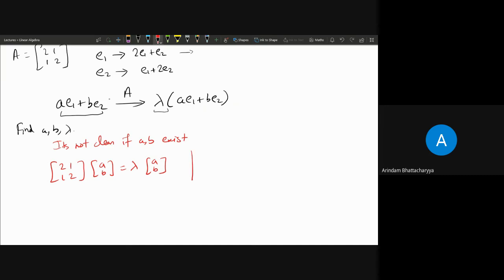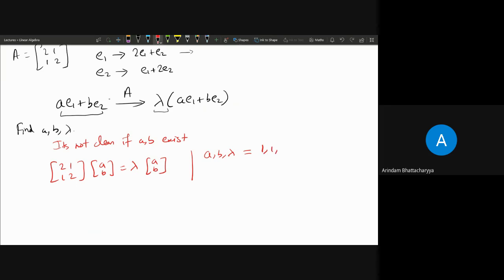Now can someone tell me one example of a triple which works? One, one, three.